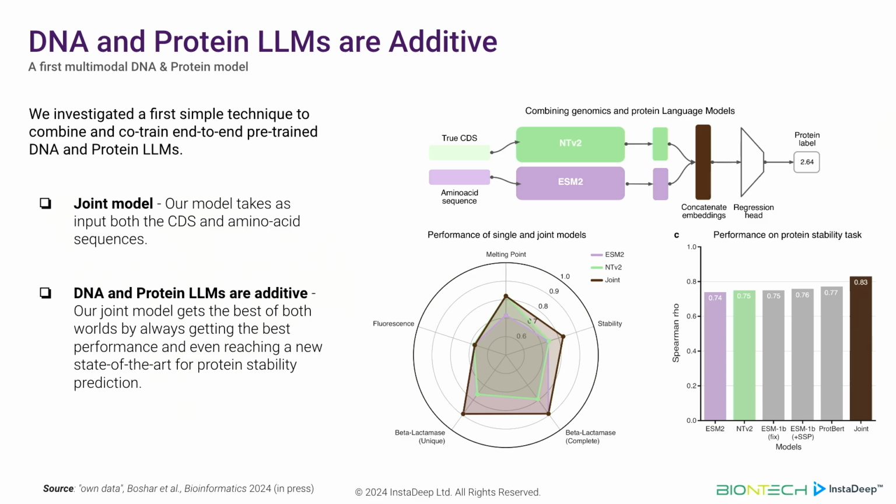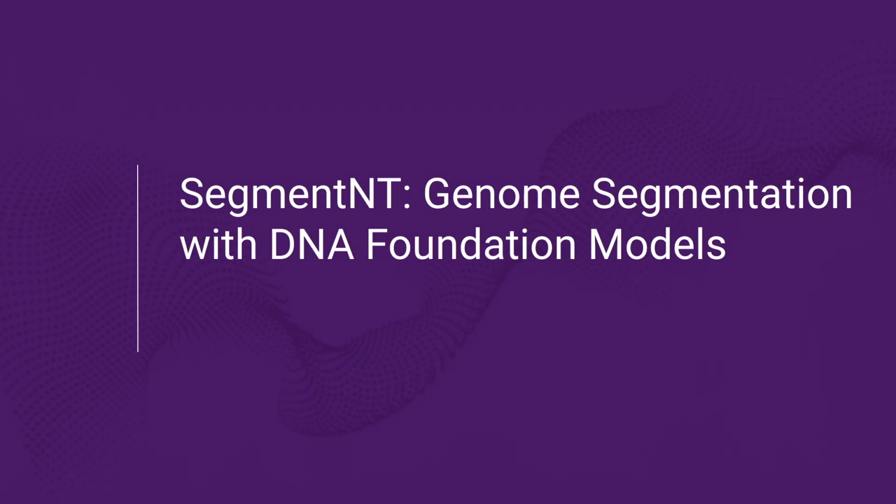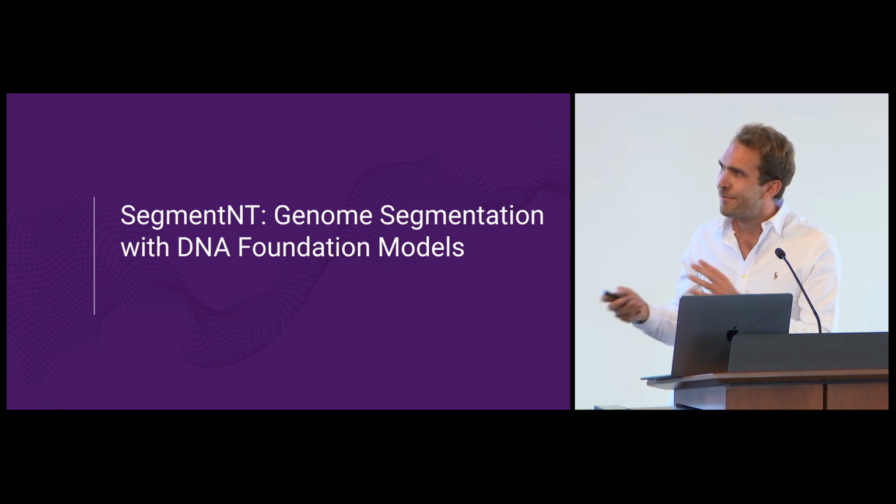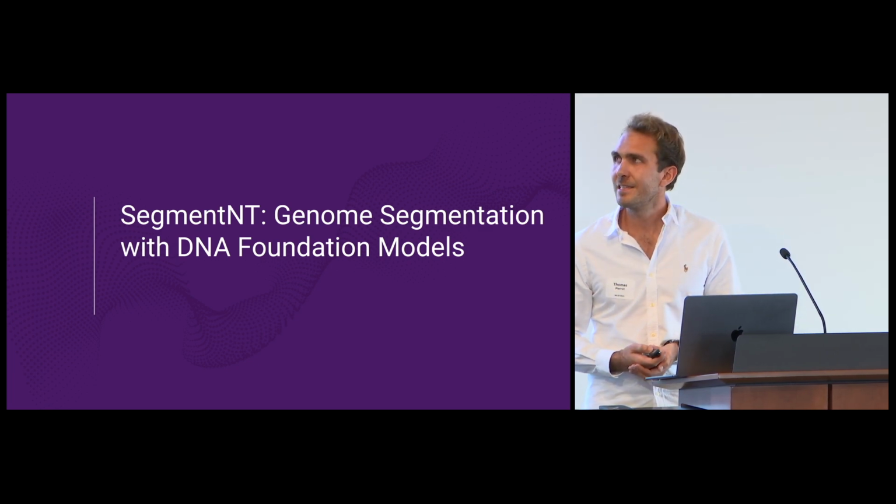On all the tasks of the study, at least, you get the best performance of both worlds, but in some cases you even get additive transfer. For instance, for protein stability prediction, you get state-of-the-art performance by combining the two types of approaches.